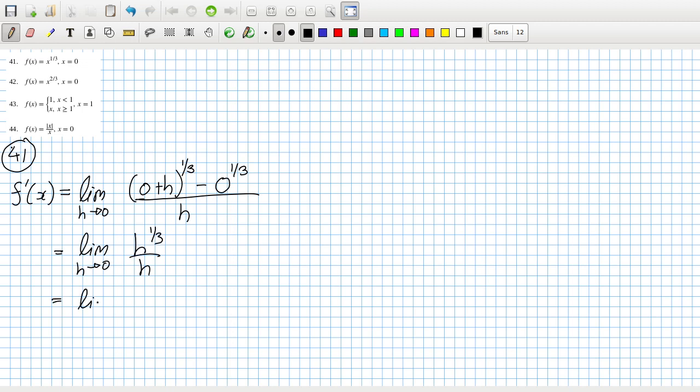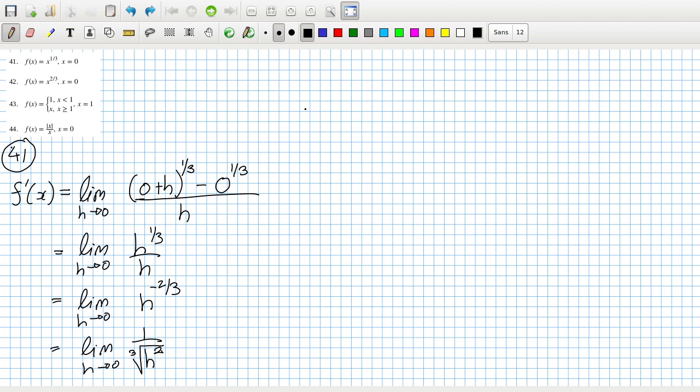That's equal to the limit as h tends to 0, h minus 2 over 3, which is the limit as h tends to 0 of 1 over cube root h squared, which doesn't exist.